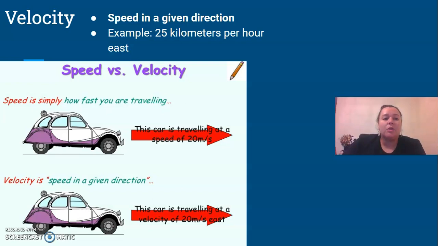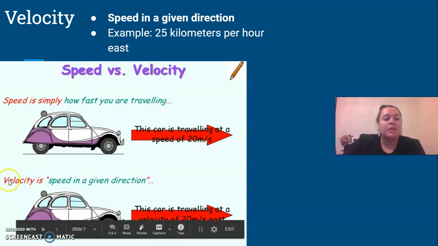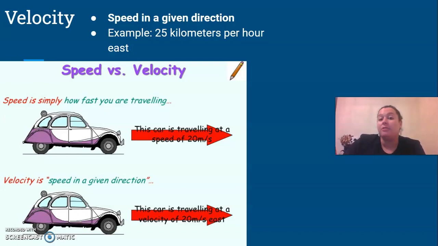The velocity is important because it tells you which direction it's traveling. So speed is simply how fast you're traveling. Like this one is 20 meters per second. Velocity is speed in a given direction, and this car is traveling a velocity of 20 meters per second east. So once you throw on one of those directional terms, it becomes a velocity.